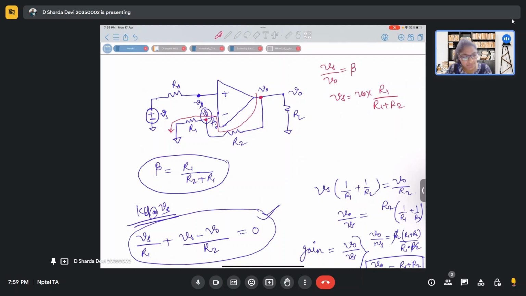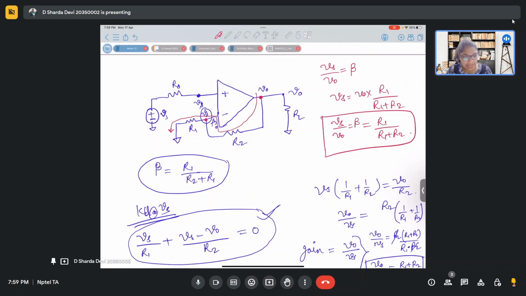So it will be simply Vs equal to V naught into R1 upon R1 plus R2. And when we say Vs by V naught, which is actually beta, it turns out to be R1 upon R1 plus R2. So that's the given expression: Vs by V out is equal to beta.